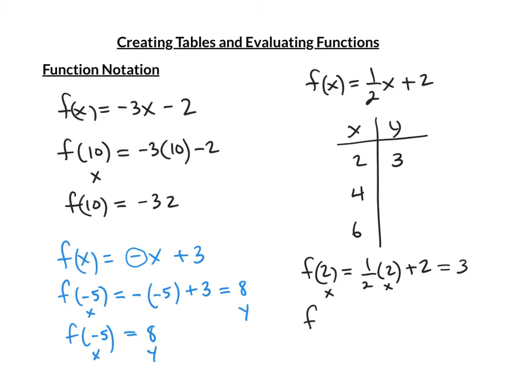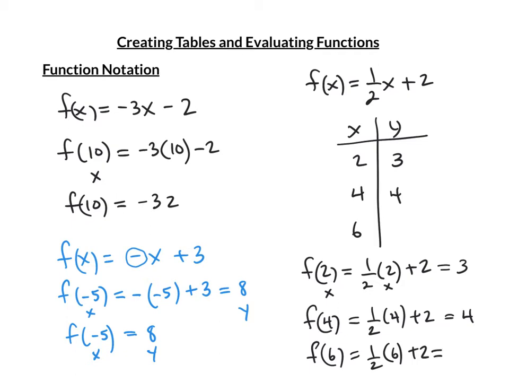F of 4 means that I'm going to plug in 4 for x. That's 1/2 times 4 plus 2. 1/2 times 4 is 2. 2 plus 2 is 4. And lastly, f of 6 would be 1/2 times 6 plus 2, which is 3 plus 2, which is 5.